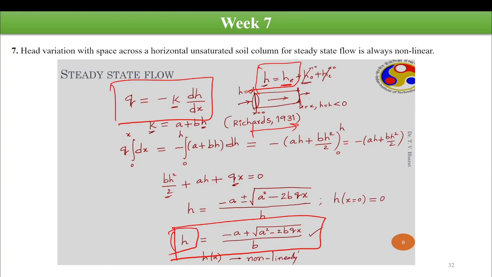And in this expression, H is not linearly dependent on x. Right? So this expression is nonlinear. So it is true that the head variation with space across a horizontal unsaturated soil column for steady state flow is always nonlinear.